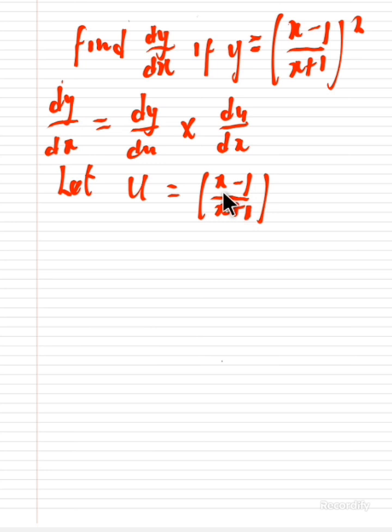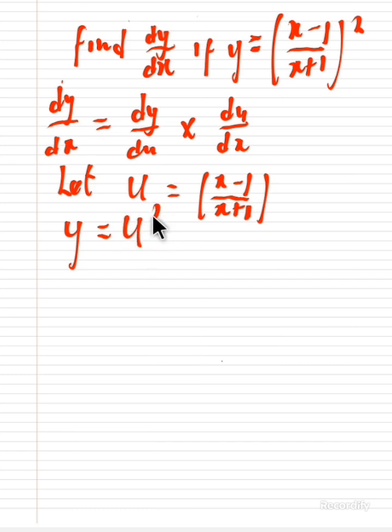1. Alright, you can see that to find our du/dx, to differentiate u with respect to x here, will be very difficult. So I'm going to make use of quotient rule to find the du/dx here. So I will leave only u and then I will go to my y now. So y, since we said u is everything inside this bracket here, so y will be equals to u squared.